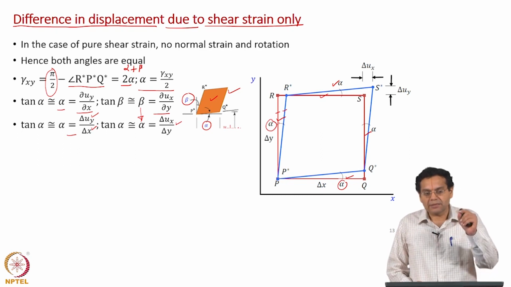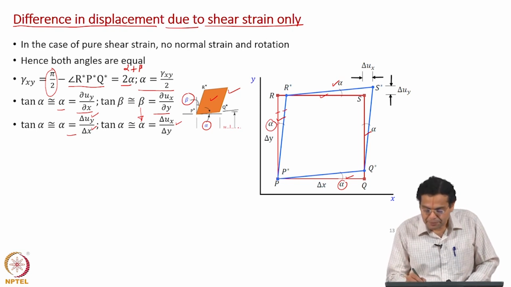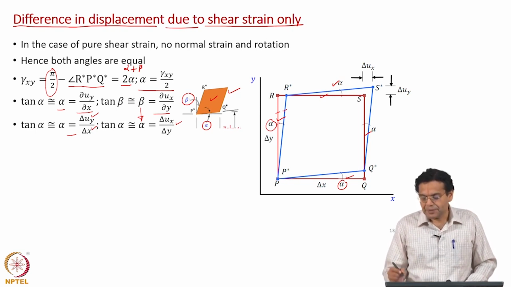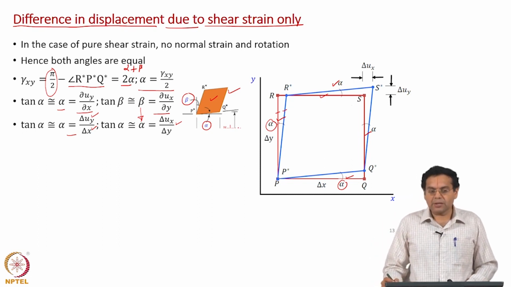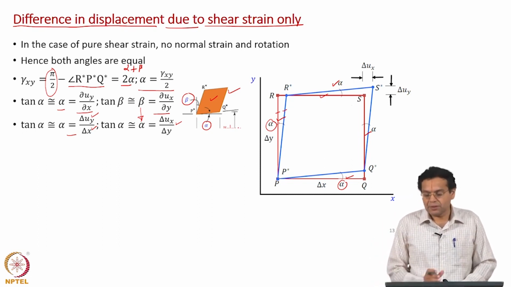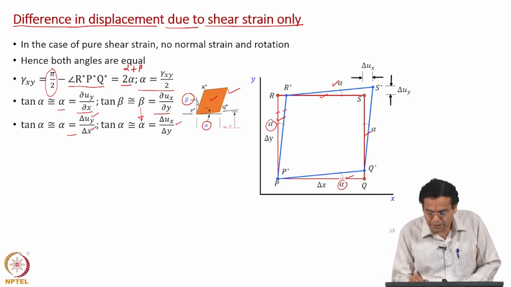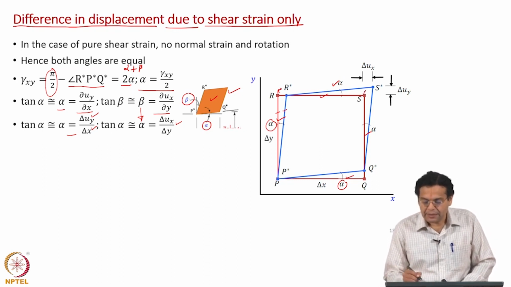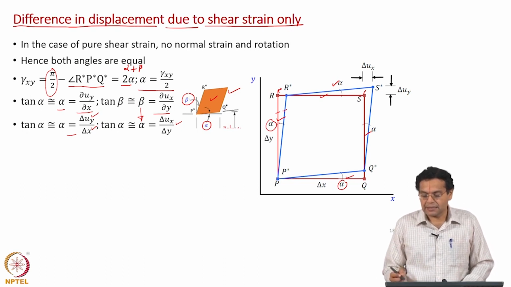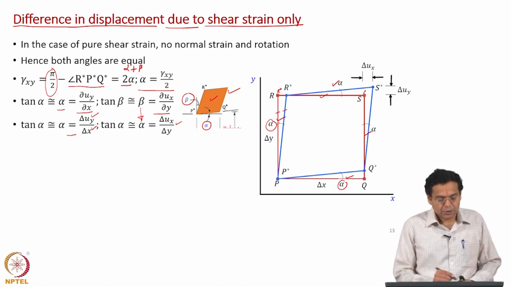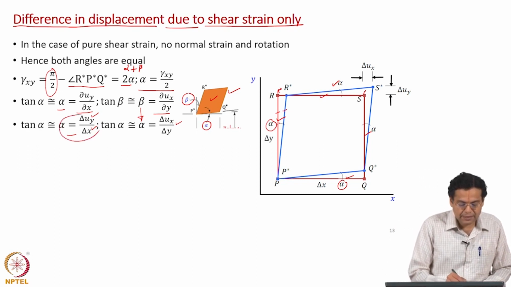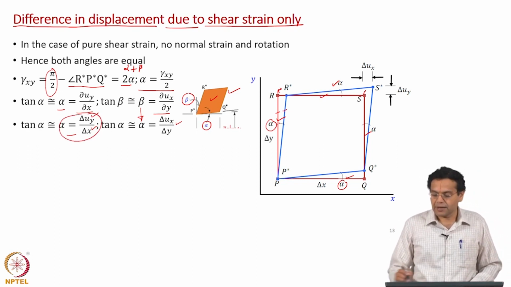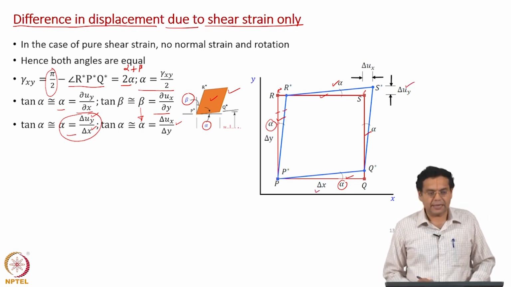Remember alpha is extremely small, 10 power minus 6, such a small value. What happens then, this r star s star can be approximated to a triangle. Now of course it does not look like even a triangle, but remember r and r star are going to be very close to each other, and then you will have s star somewhere here, then r star s star s will be a triangle, and then you can apply this relationship for that triangle relating alpha, delta uy and delta x.